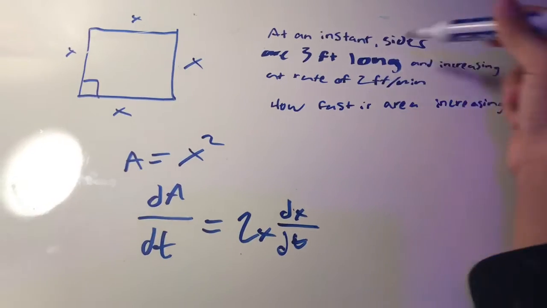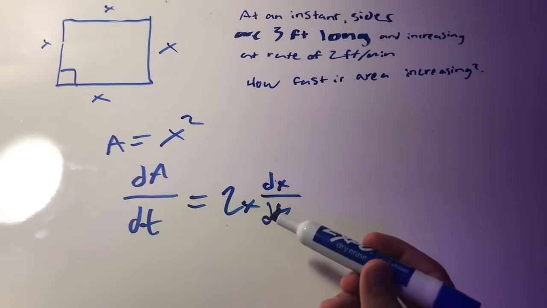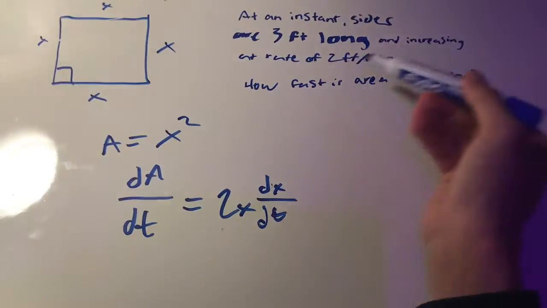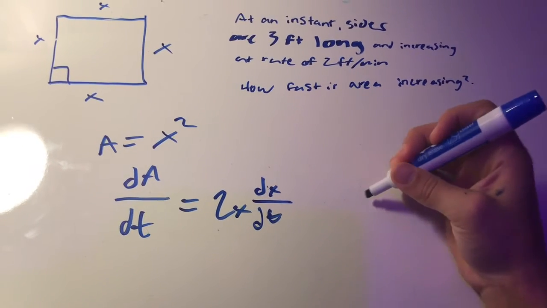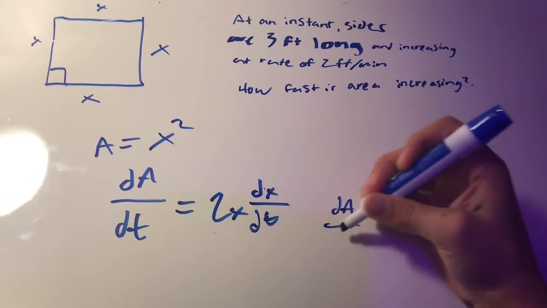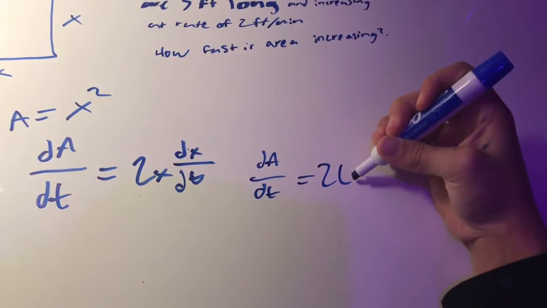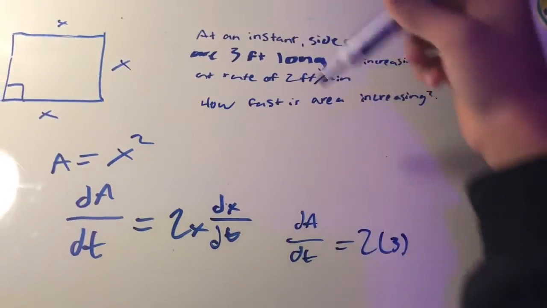So now we have all this info, so we're going to want to plug that in to get the answer to the question. So when the sides are 3 feet long, they're increasing at a rate of 2 feet per minute. So that's going to look like we got that from there.